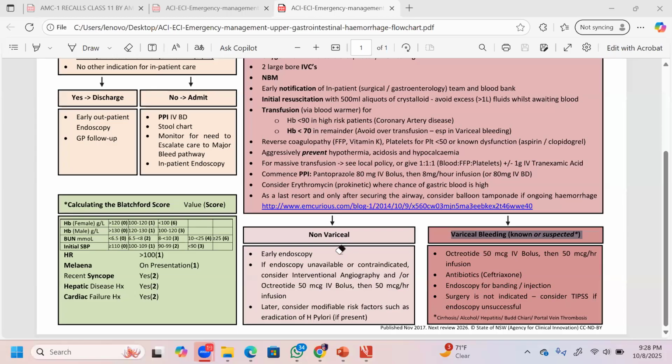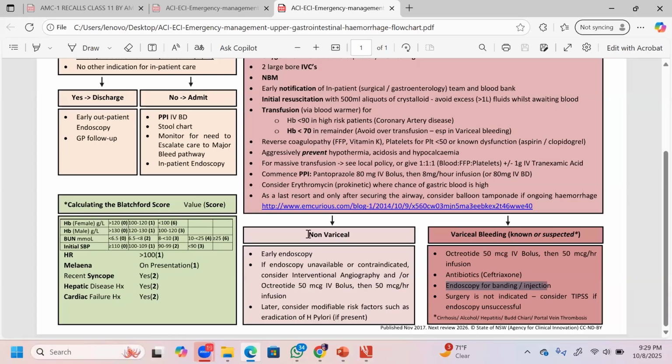These are non-variceal. For example, if you diagnose that the source of bleed is variceal, you will go with octreotide 50 mcg IV bolus, then infusion. Second, you will give an antibiotic like ceftriaxone for coverage of infection. And later on, you will go for endoscopy for banding. So this is the way you have to manage variceal bleed.